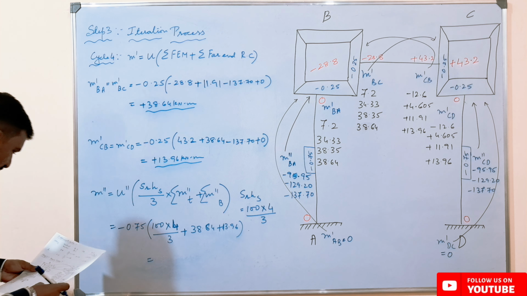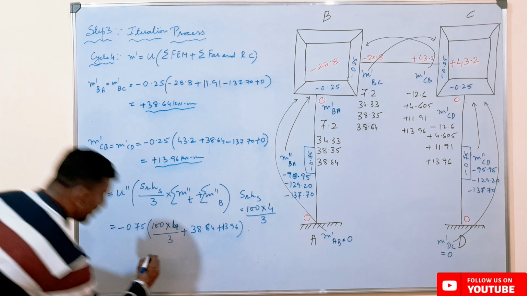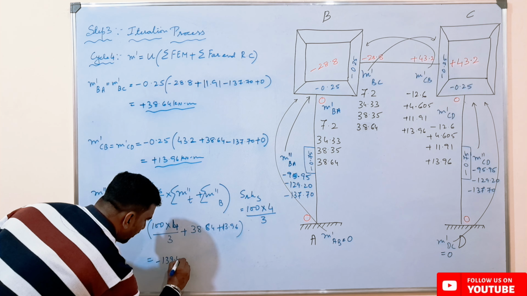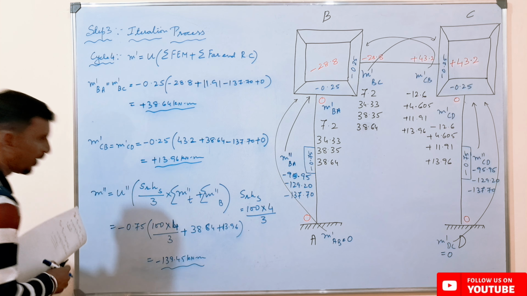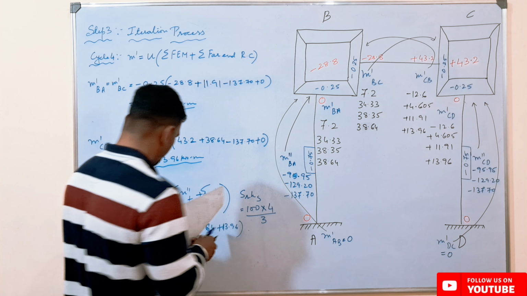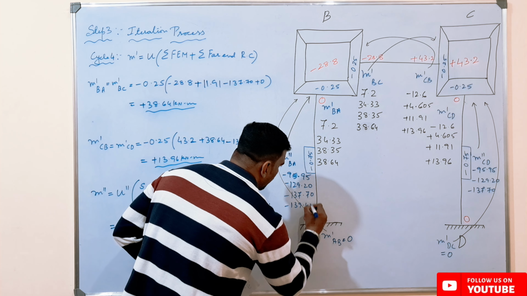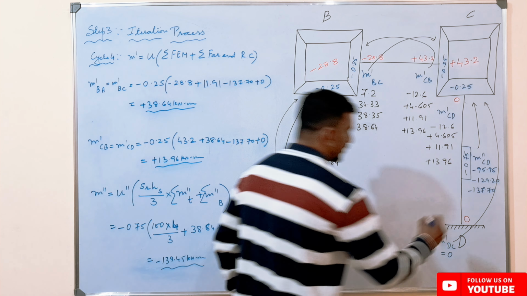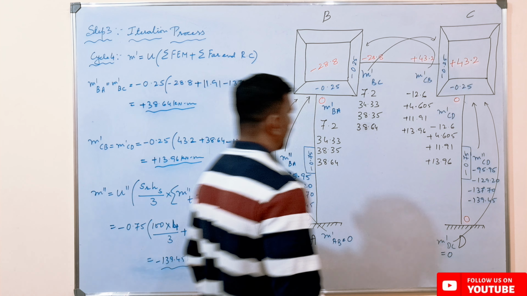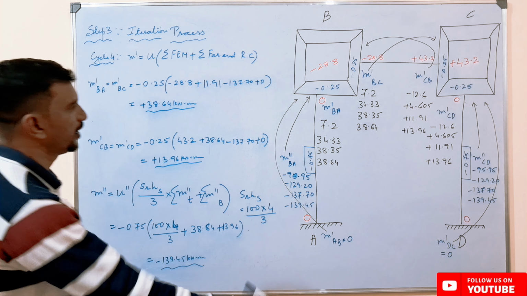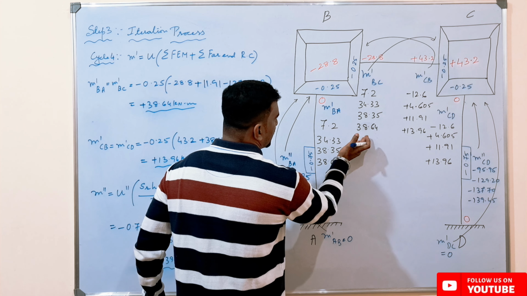So we are getting a value of minus 139.45 kilonewton meters. So this value will provide over here minus 139.45. Here also it is minus 139.45.